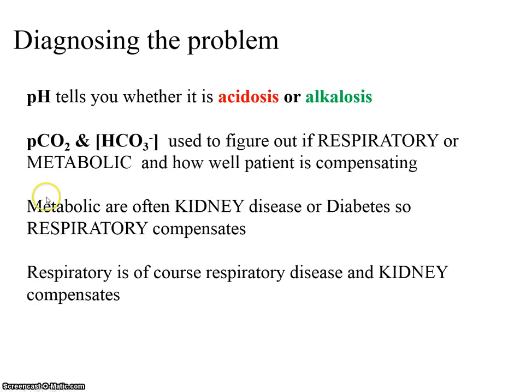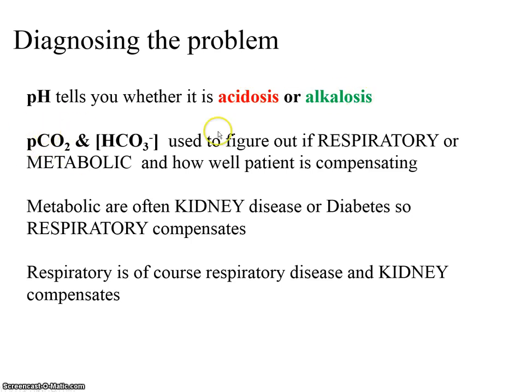So diagnosing the problem. We looked at the symptoms previously, but really I said you look at blood gases, pH, and the concentration of bicarbonate to diagnose this, whether it's acidosis or alkalosis, and then whether it's respiratory or metabolic. So pH will tell you which it is: low pH is acidosis, high pH is alkalosis.